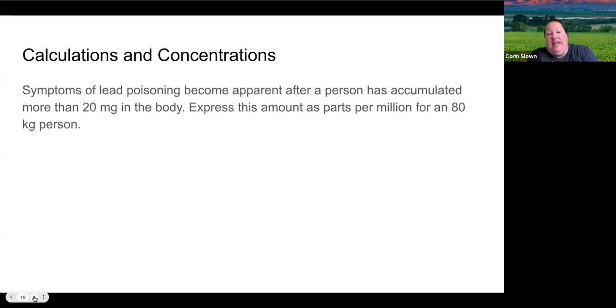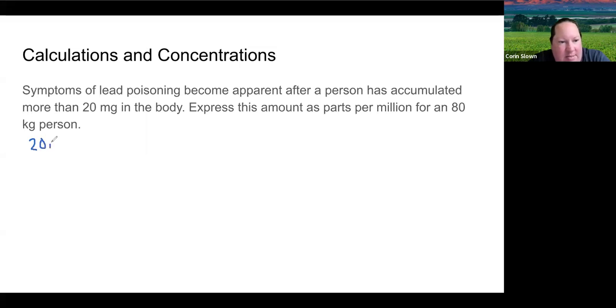So symptoms of lead poisoning become apparent after a person has accumulated more than 20 milligrams in the body. So we're going to express this amount as parts per million for an 80 kilogram person. Again, we're talking about the amount that someone can have when they start to feel negative effects. So we've got 20 milligrams, and it's useful for us to convert this to a common reference point.